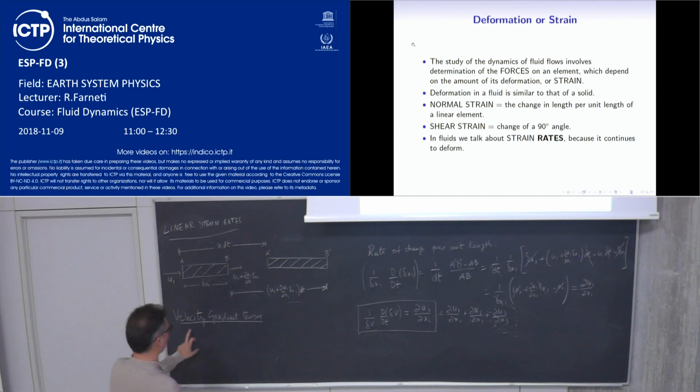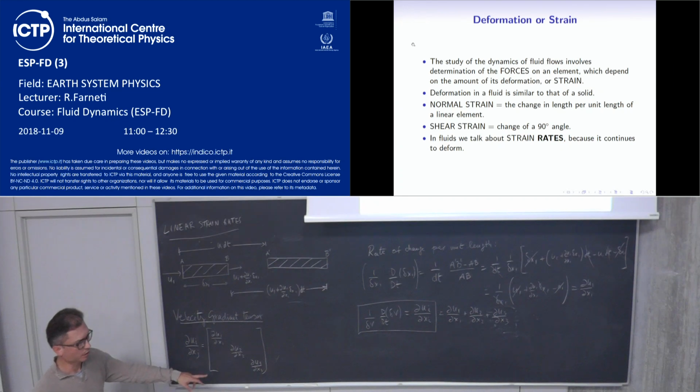So now I can define a velocity gradient tensor, which is this tensor, where the diagonal terms are going to be my linear strain rates.